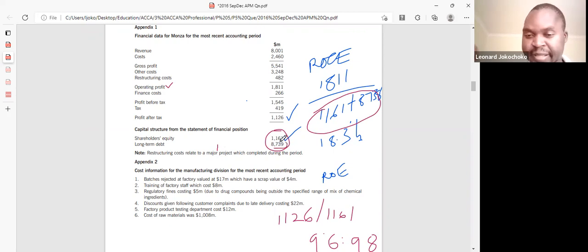I just say high capital, they acceptable like that. On the other hand, the return on equity is very high because the profits have been deducted interest and tax, and the capital is very low. The shareholder equity is very low. So we see that we move here from 18% to 97%.